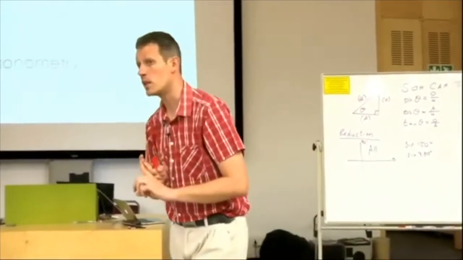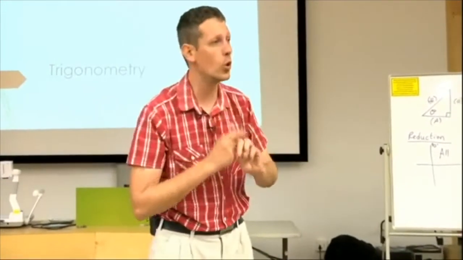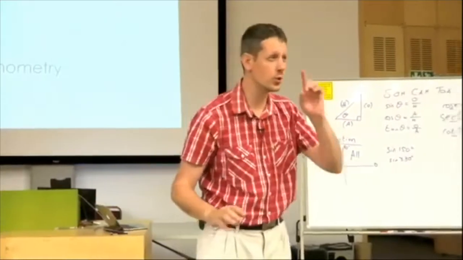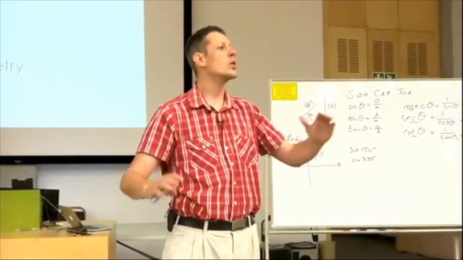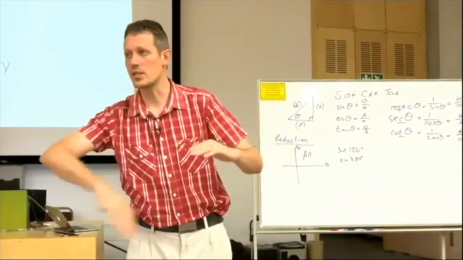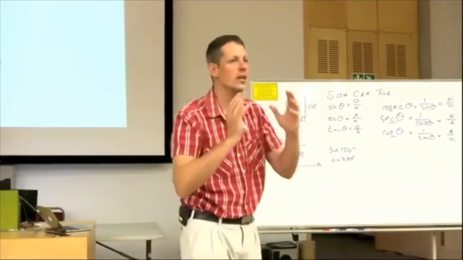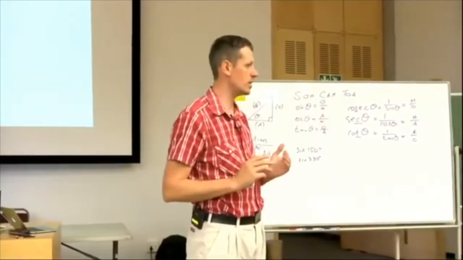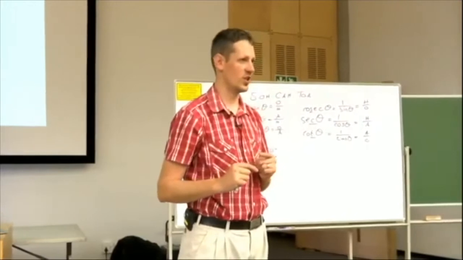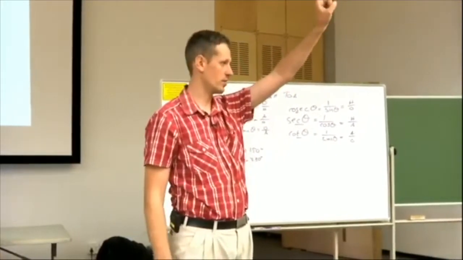Step one, in all trigonometry, no matter what trigonometry we do, you want to work with angles between 0 and 360. So if your angle falls out of 0 to 360, you get it between 0 and 360. That's always step one.